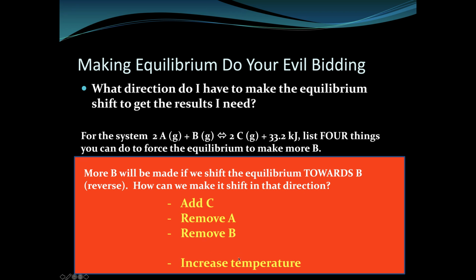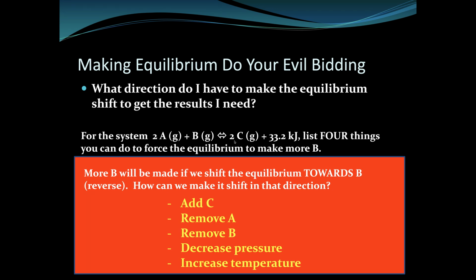We can increase the temperature in this case because temperature is on the right side. Increasing temperature will push it to the left side. And because we have 3 moles of gas on the left and 2 on the right, in this case, decreasing pressure will shift to the side that has more gas.